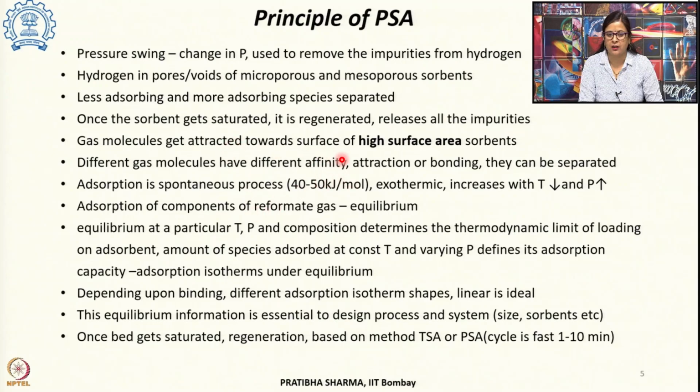And this chemical can be regenerated by lowering the pressure. At higher pressure, other gases like carbon monoxide, carbon dioxide, and water H2O are adsorbed by the chemical, and hydrogen comes out separately. For the regeneration of the chemicals, you have to make the pressure lower.